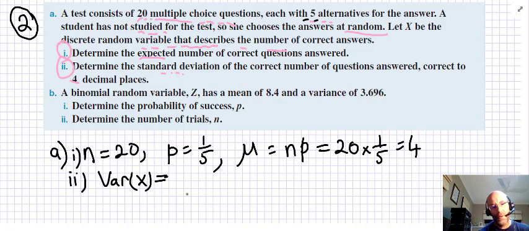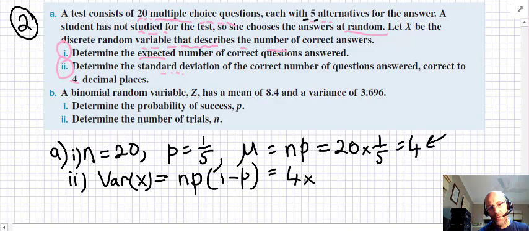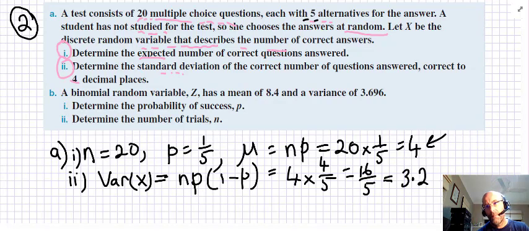So for the variance, which is our stepping stone to getting the standard deviation, we have np times the complement of p. Now we've got np up there, it's 4. So it's 4 times the complement of p, that's 4/5, so 16 on 5. Optionally, as a decimal, it's 3.2.